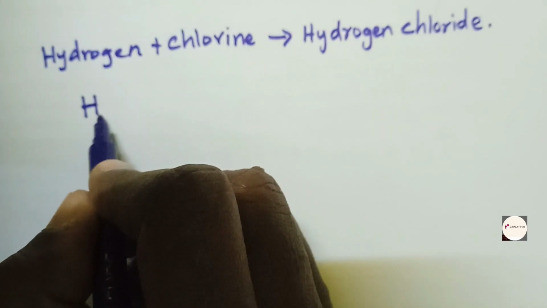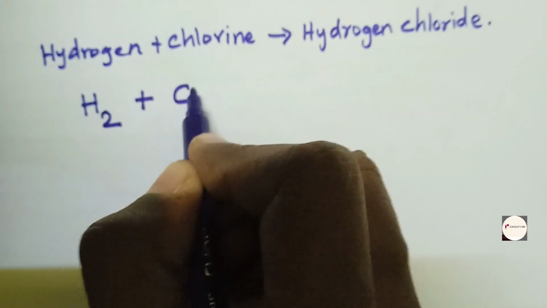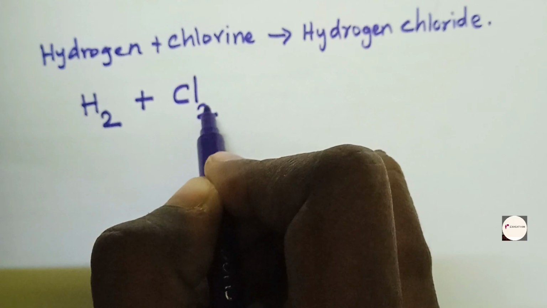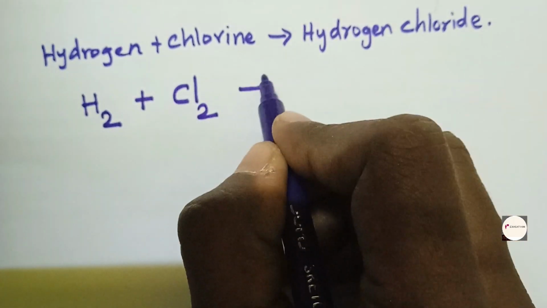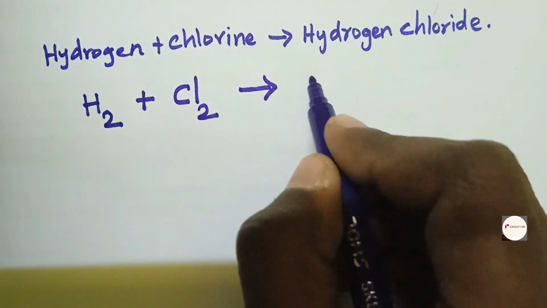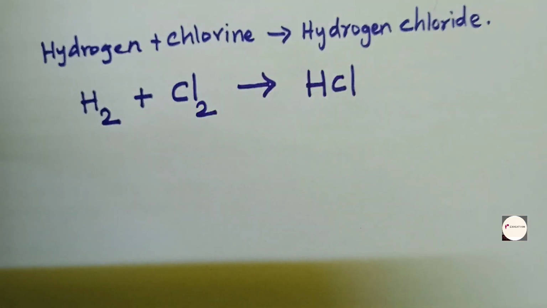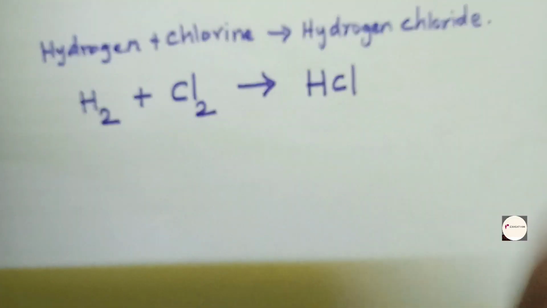So you have to write H2 plus chlorine, so Cl2. Okay, H2 plus Cl2. Then hydrogen chloride, how will you write this? HCl. Okay, hydrogen chloride, the other name is hydrochloric acid.